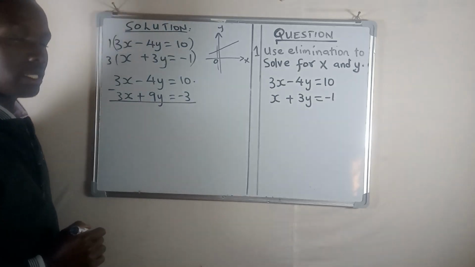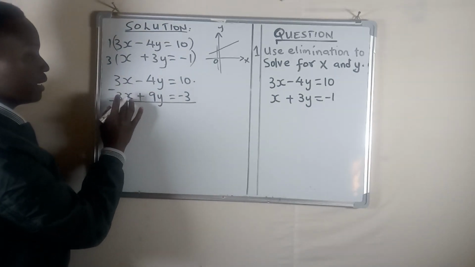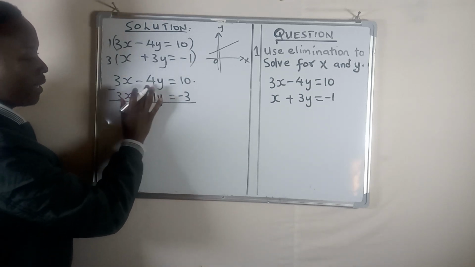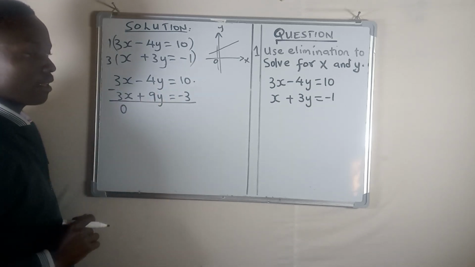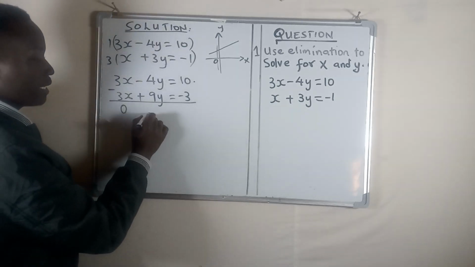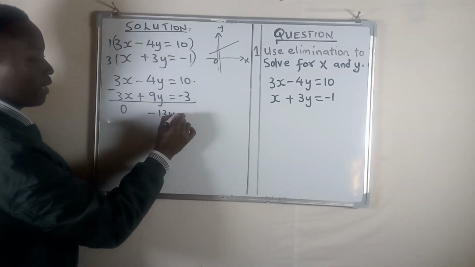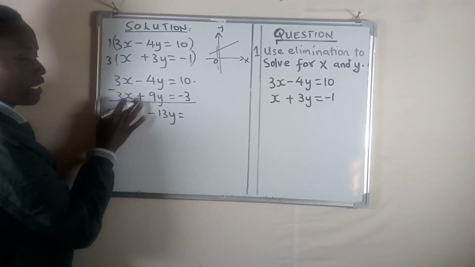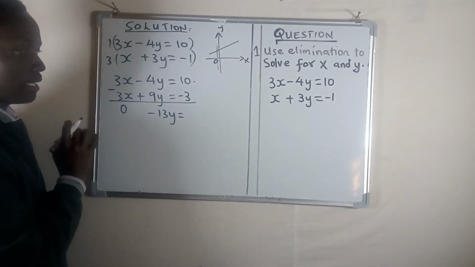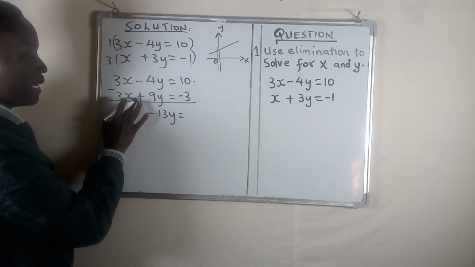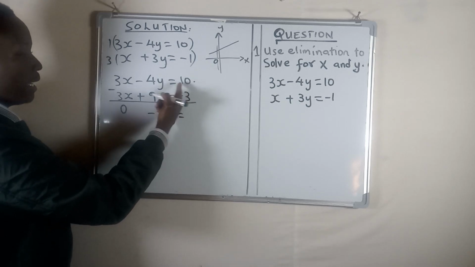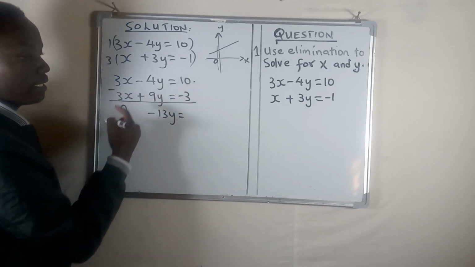And when we subtract, 3x minus 3x will give us a 0. Then minus 4y minus 9y, that will give us -13y. Reason being, a negative number minus a positive is equal to a minus. So minus 4 minus 9 is equal to -13y is equal to 10 minus -3.